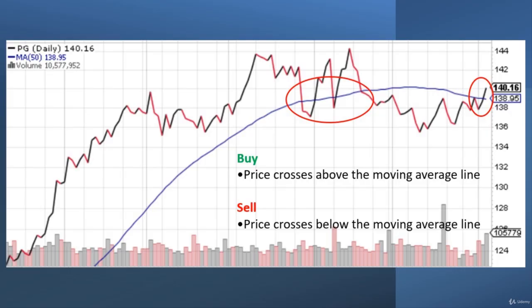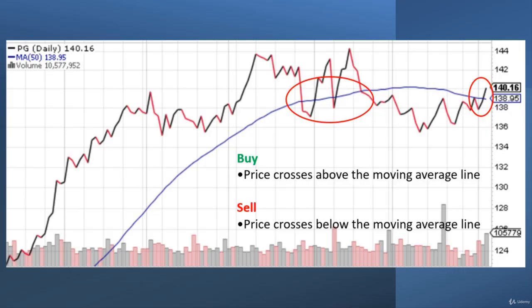By the same token, when the price goes below the moving average line, it's showing that it may continue on that downtrend, with prices either staying or going lower, as you can see in this example. They don't necessarily stay there for long periods of time. Sometimes they do, sometimes they don't.